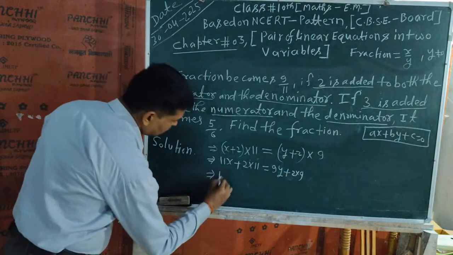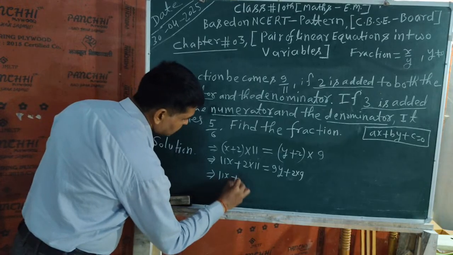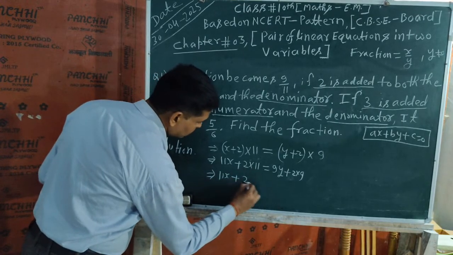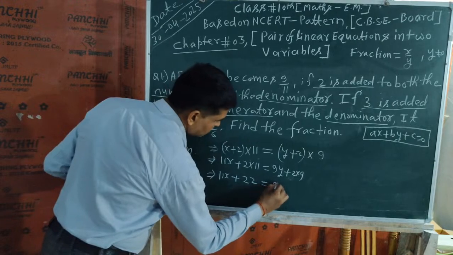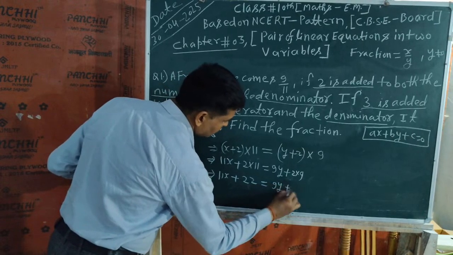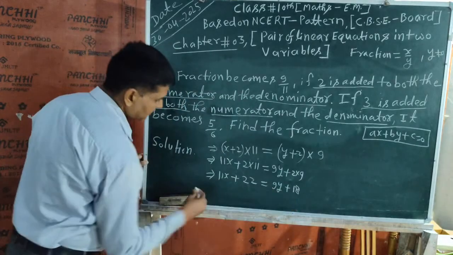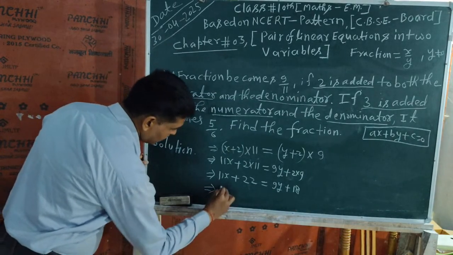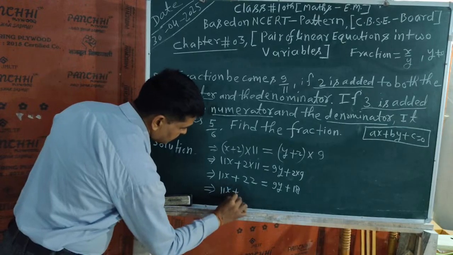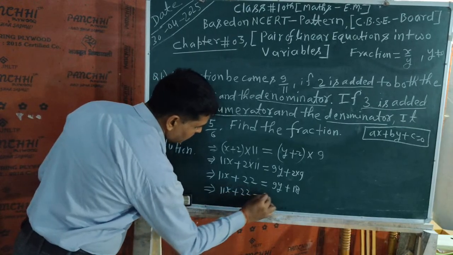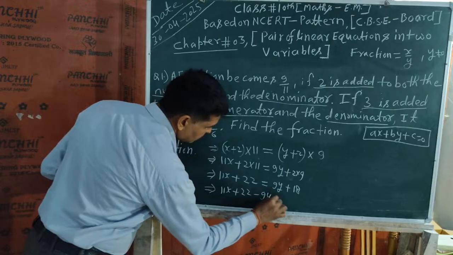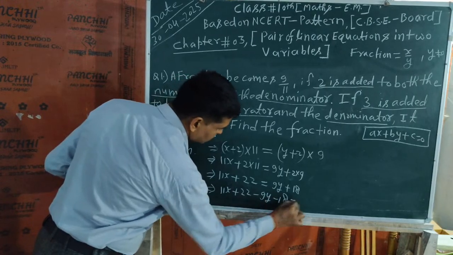Here I will write 11x plus 22 is equal to 9y plus 18. So again I will put all terms on the left-hand side. It implies 11x plus 22 minus 9y minus 18 is equal to 0.